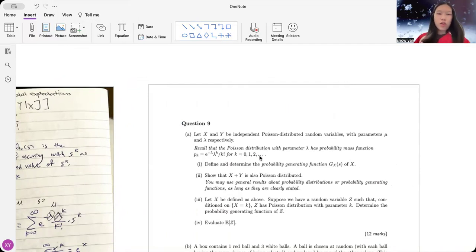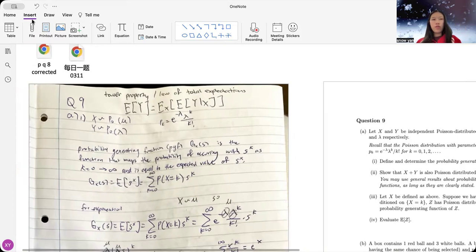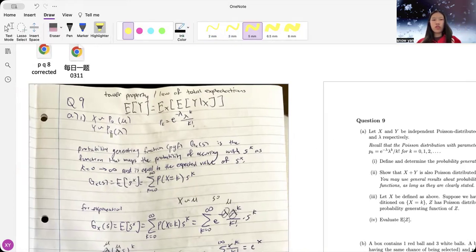So for part one, we're asked to define and determine the PGF of X. This is pretty straightforward, I'd say. In part one, we're just asked for the definition.